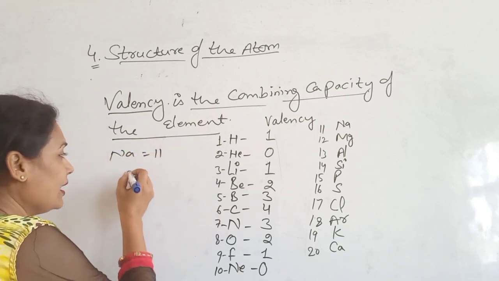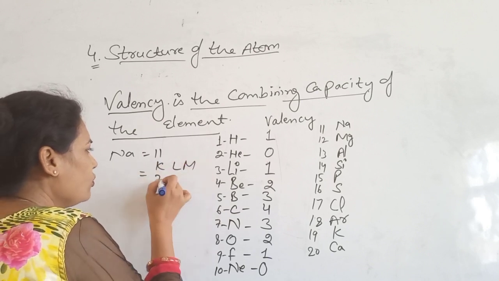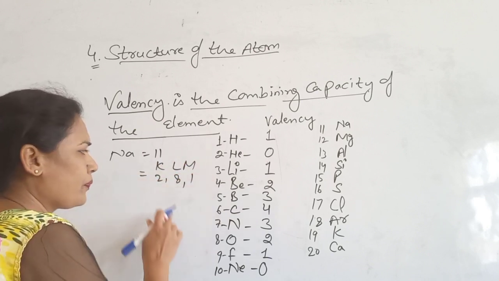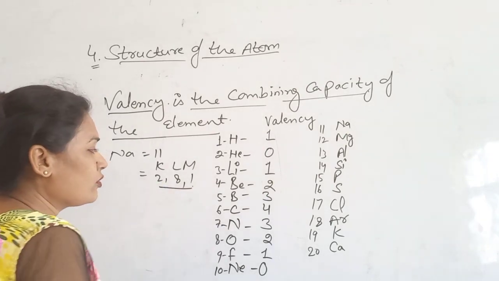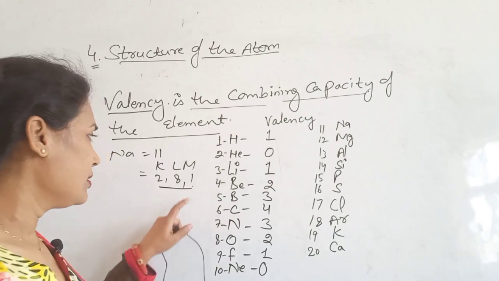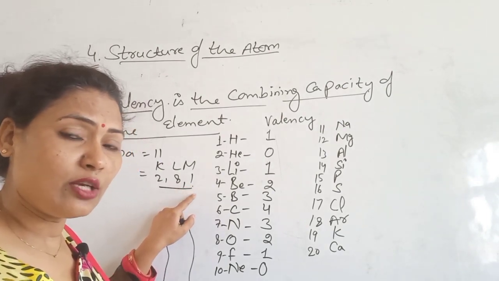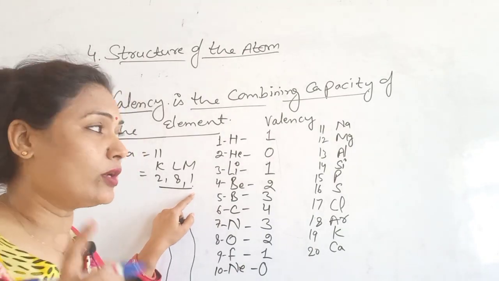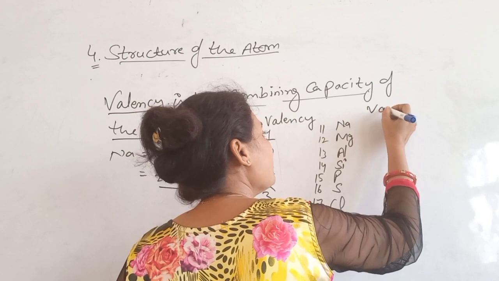So we can write the electronic configuration of sodium, KLM: 2, 8, 1. 2 plus 8 is 10, 10 plus 1 is 11. So there is 1 electron in the valence shell, it means 1 valence electron is present there. It means it can lose 1 electron. So its valency is 1.